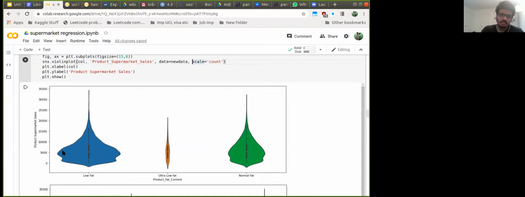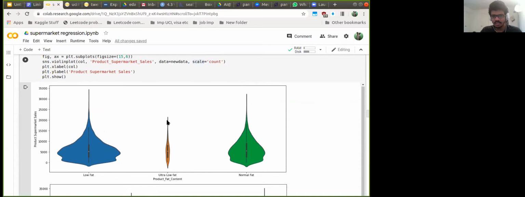We can see that 5,000 is roughly the mean and median for the low fat category, and the width is really high here. What that means is there are a lot of examples that have low fat at this value, with supermarket sales at this 5,000 value.